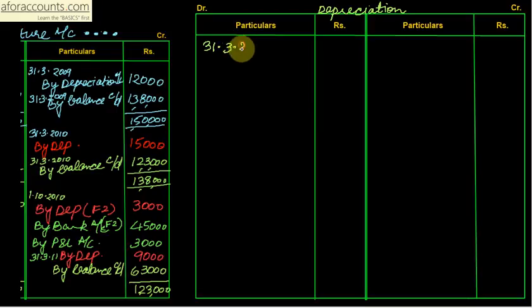31/3/2009, depreciation account debit to furniture account. And see, total of the first year was 9,000 plus 3,000, 12,000.